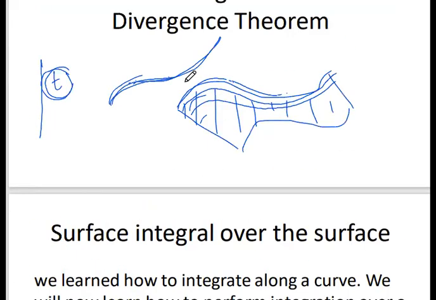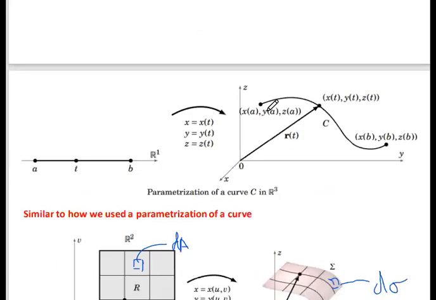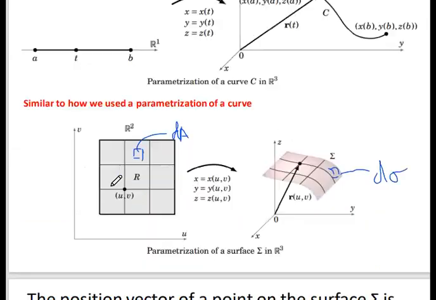This is a space curve. This is a space surface. To parameterize this space curve, you need only one parameter, which is t. To parameterize this kind of surface, you need two variables.